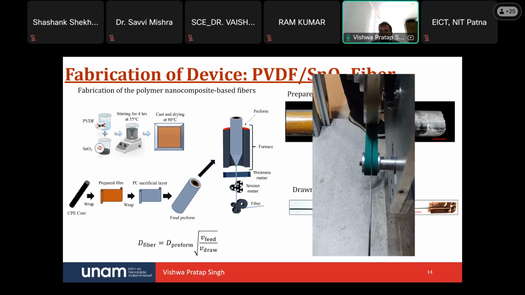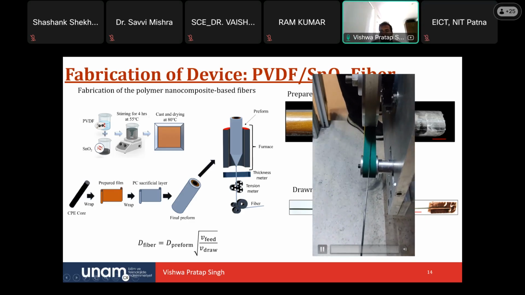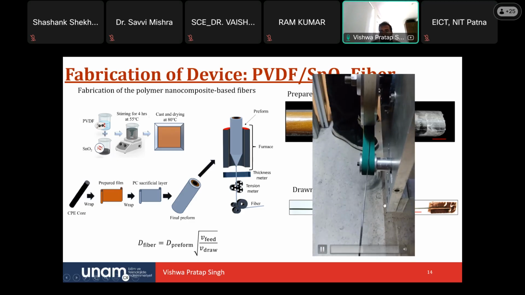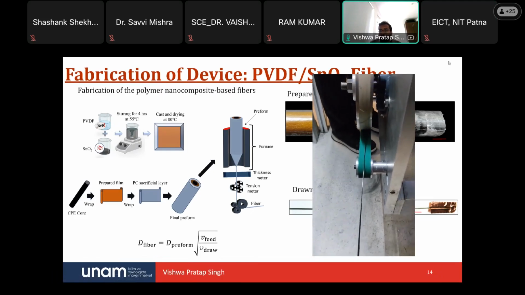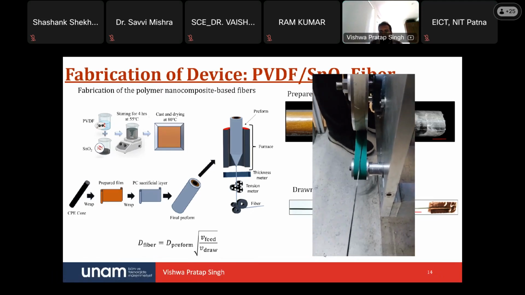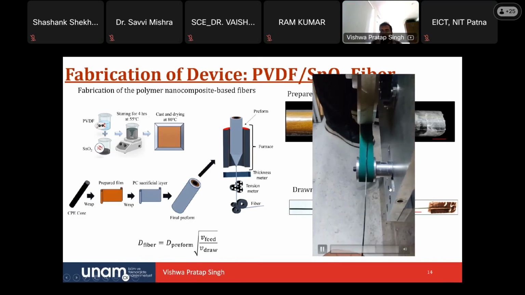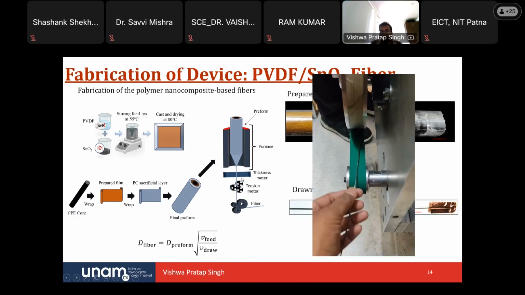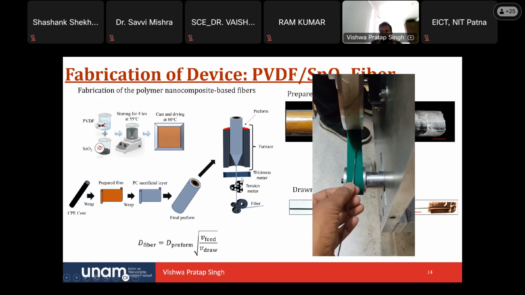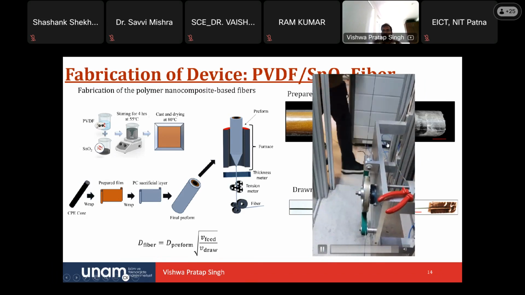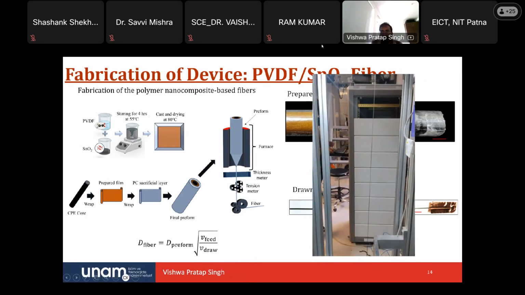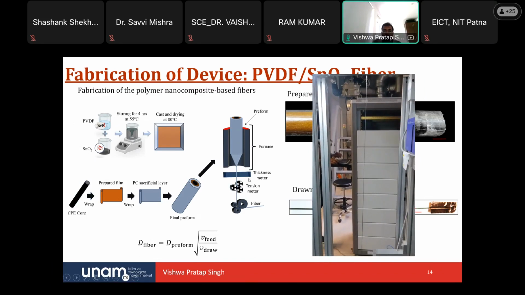So this is the capacitance. This type of fiber we can get using this thermal tower. It's a semi-automatic tower.